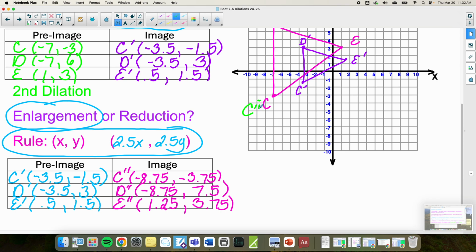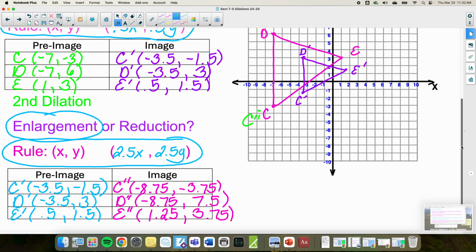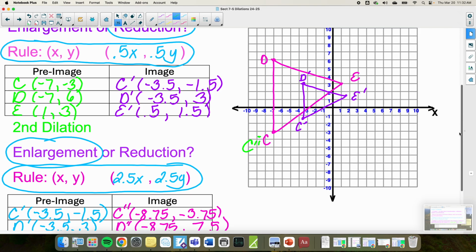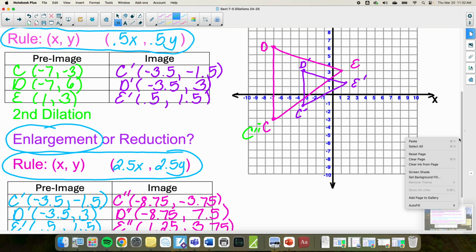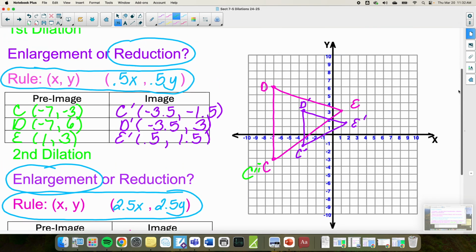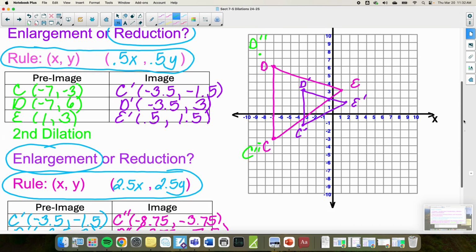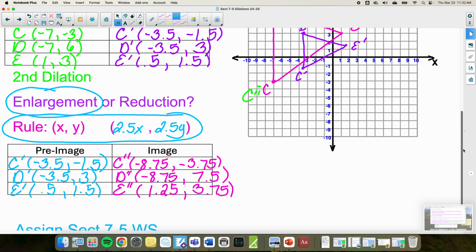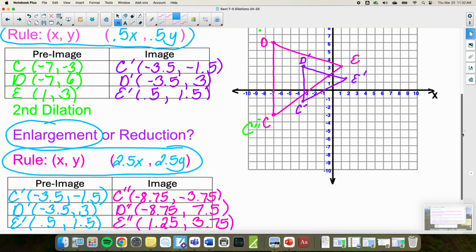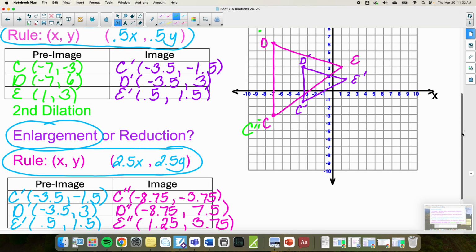Then if we look at D prime, that's at -8.75 again, but it's up 7.5, okay? So it's that same almost 9, but it's up to 7.5, and that is our D double prime. And then if we look, our last one is 1.25, 3.75.